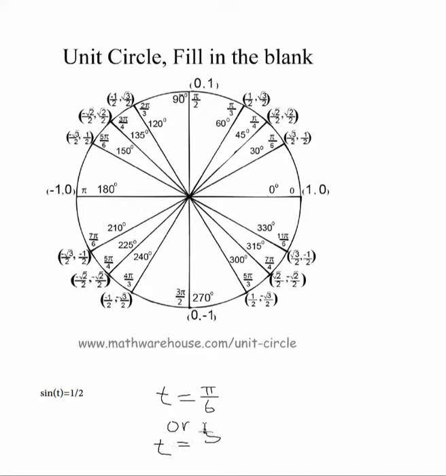And we'd be done if we were asked what angles between 0 and 2 pi have sine of the angle equal to a half, so have the y-coordinate equal to a half.